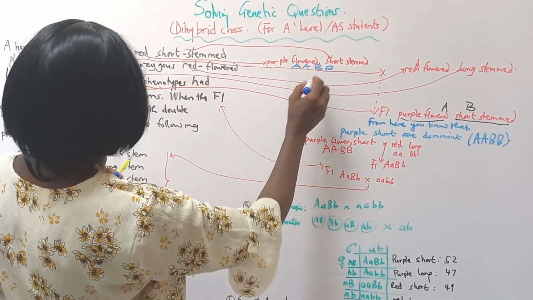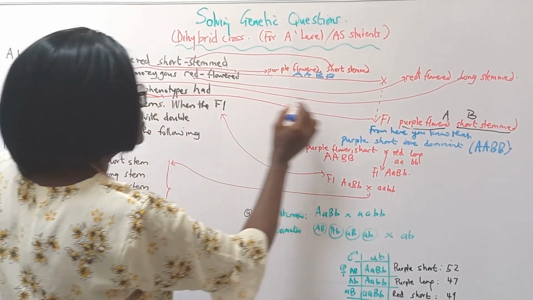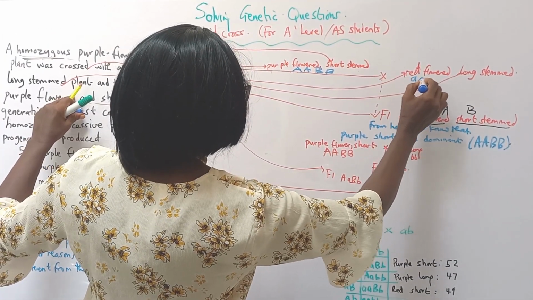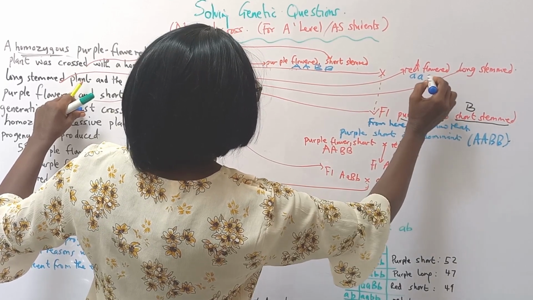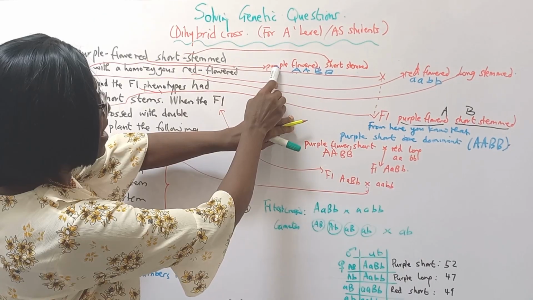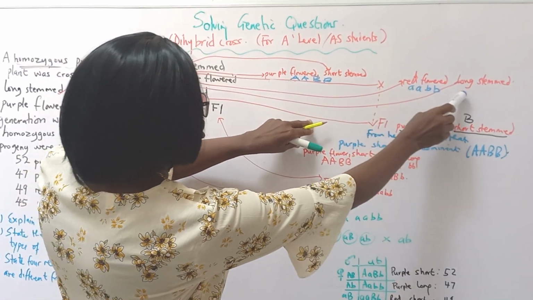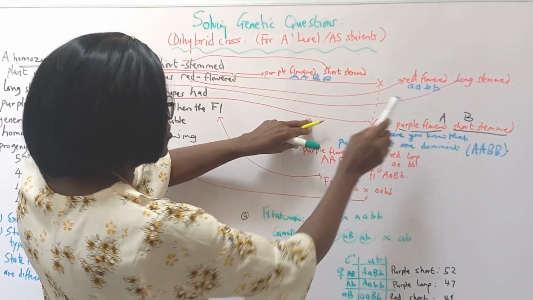That's the genotype. It's homozygous. And it was crossed with a long-stemmed, red long stem. So this will be the genotype here, small a small a, small b small b. From this information, purple short is dominant over red long. So that is the genotypes we have here.